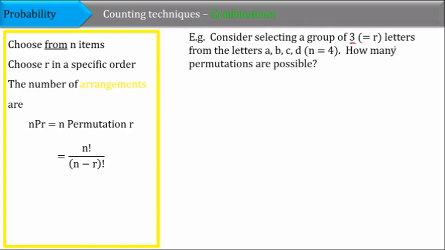Now, let's consider selecting a group of 3 letters from the letters A, B, C, and D. How many permutations are possible?